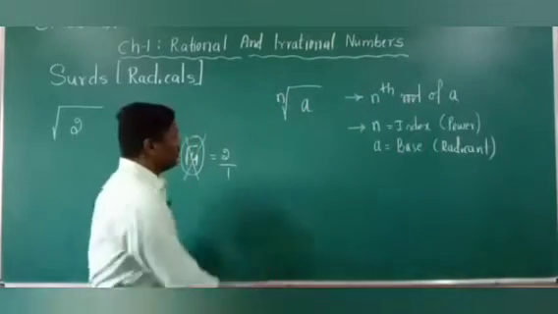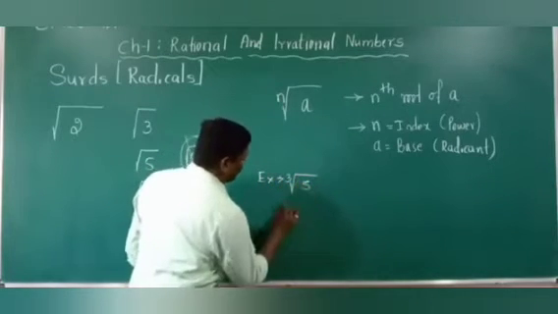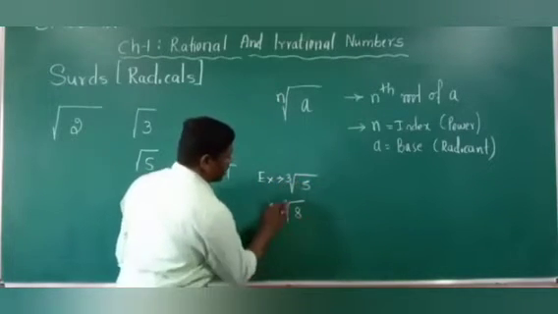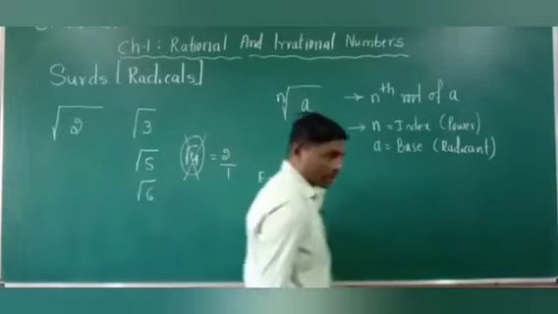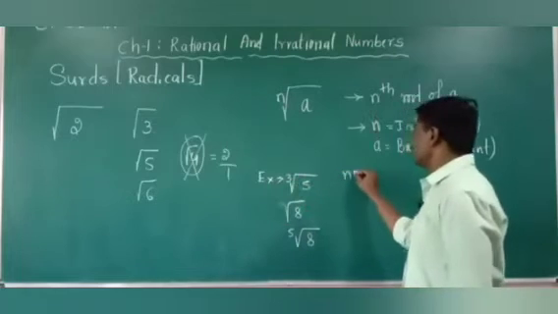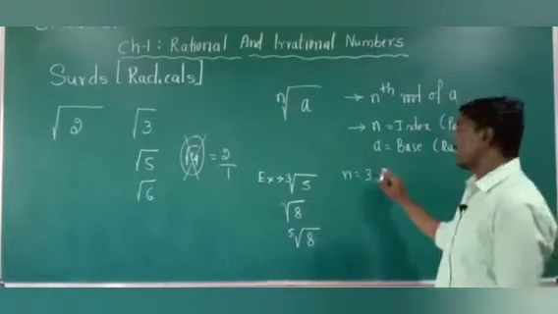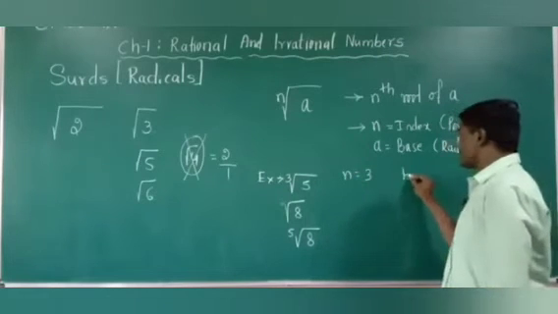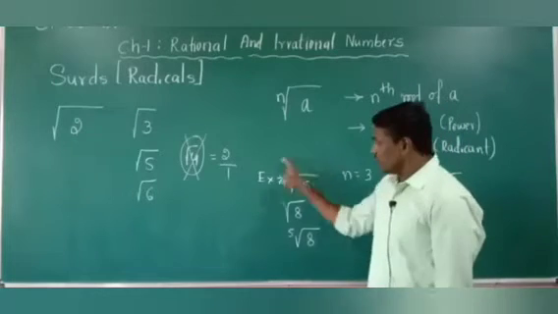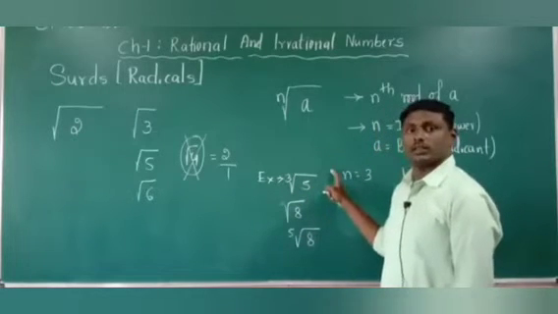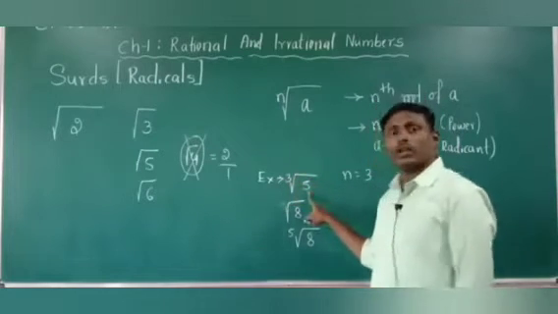For example, cube root of 5, square root of 8, fifth root of 8. Here n is equal to 3, which means the power of the radical is 3 and the base is 5.